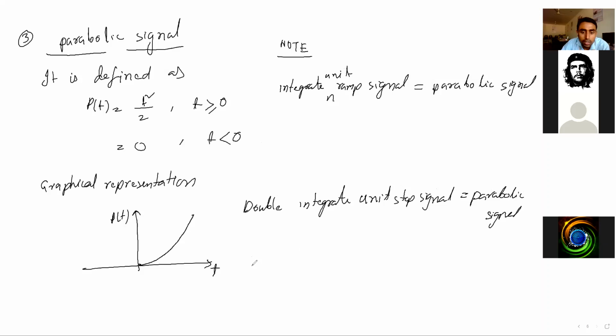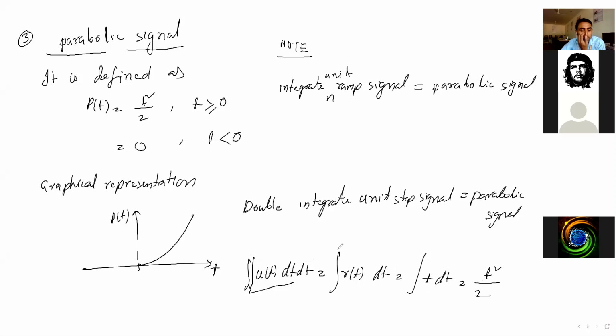How is it so? When you double integrate u(t) dt dt, first this part will give the ramp signal r(t) dt. r(t) is nothing but t, and by integrating t dt we find t square by 2.